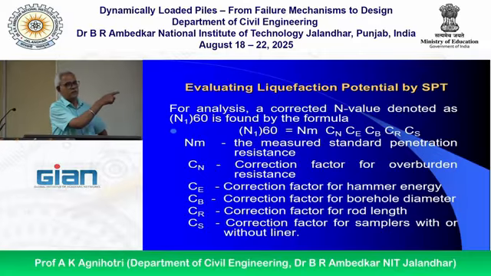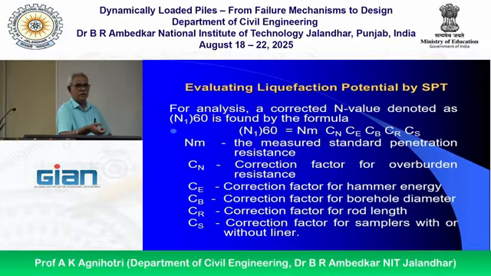Nm is the observed value. Then we apply some corrections to that, and we get N160, the corrected N value. So N160 is Nm into Cn, Ce, Cb, Cr, Cs. These are the correction factors for overburden pressure, hammer energy, borehole diameter, rod length, and samplers with or without liner.